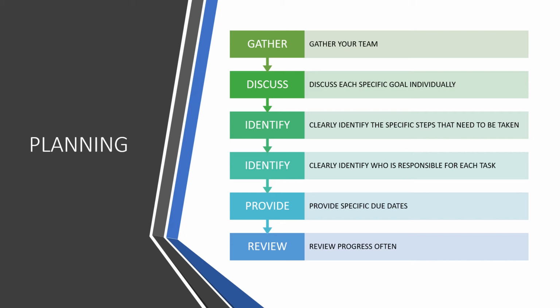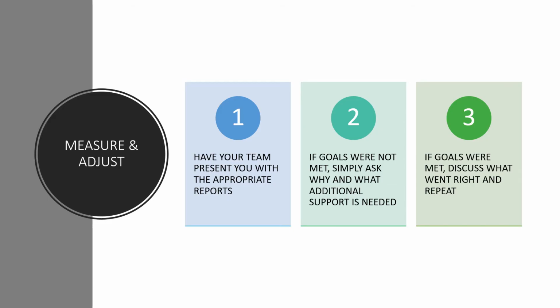You need to be able to measure stuff and review your progress often. So how do you review and measure? Well, have your team present you the data. Even though as a manager or an owner you have access to all the data, depending on how your office is set up, things in today's age are usually managed by some sort of computer system.